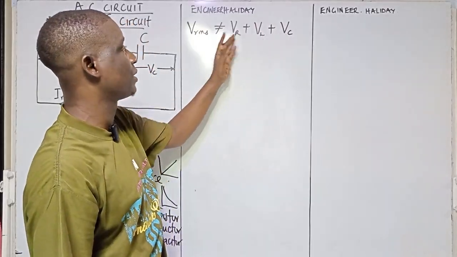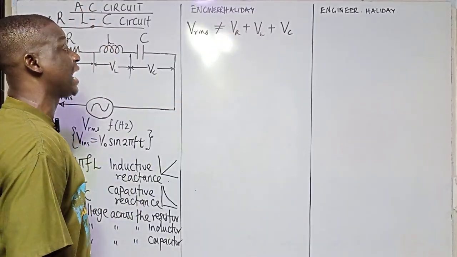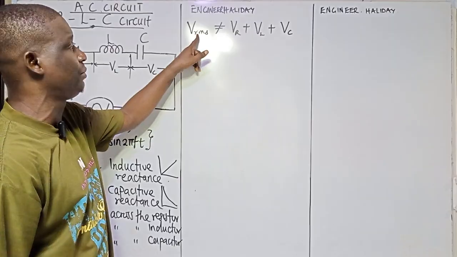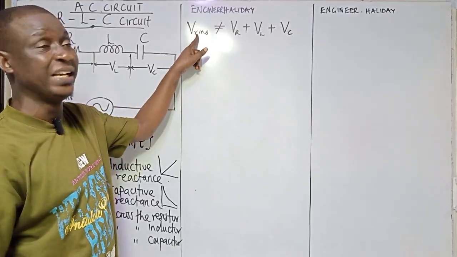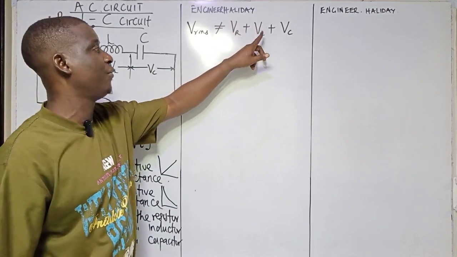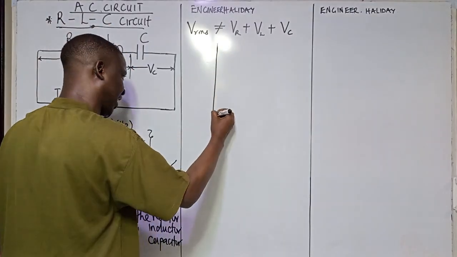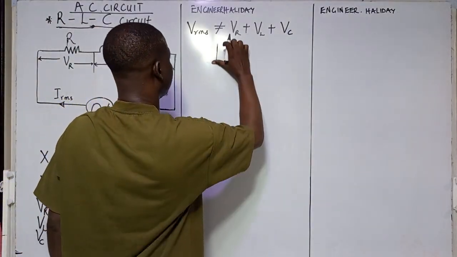So we cannot say they are equal like this. In that case, let us draw a vector diagram in order to analyze the relationship between the voltages across the resistor, inductor, and the capacitor. And let's make a sketch of this kind.